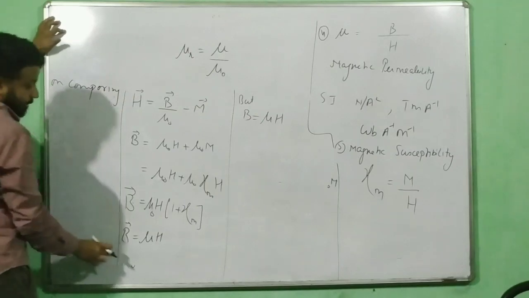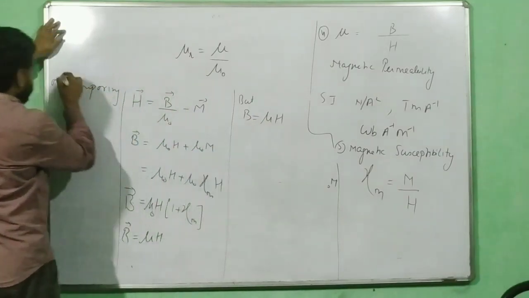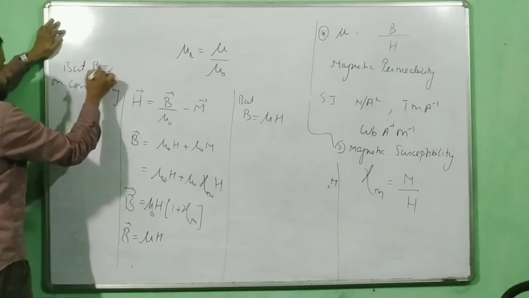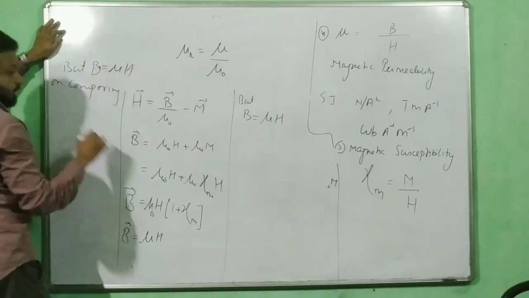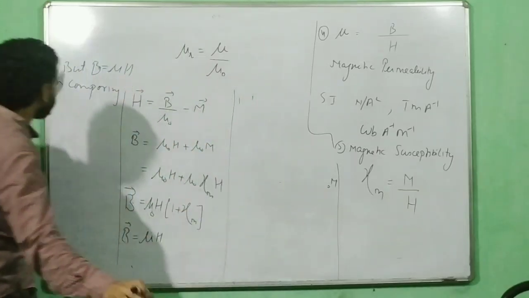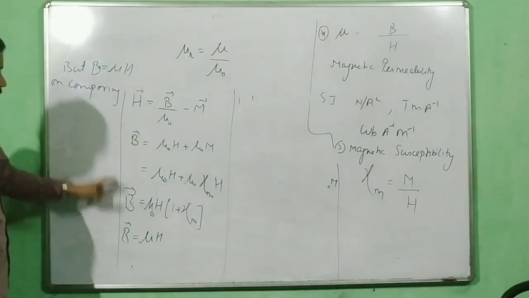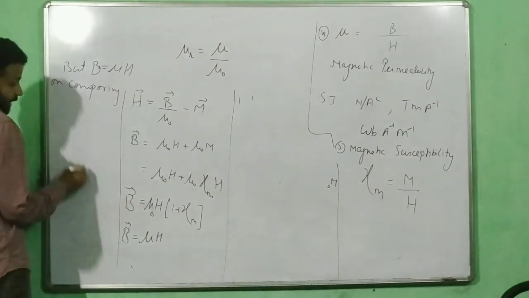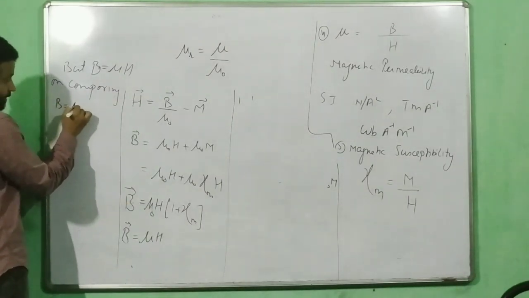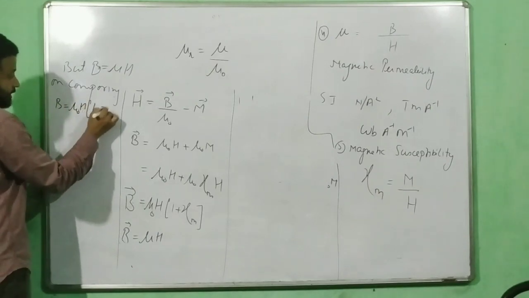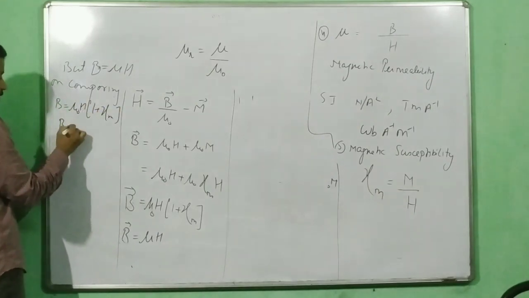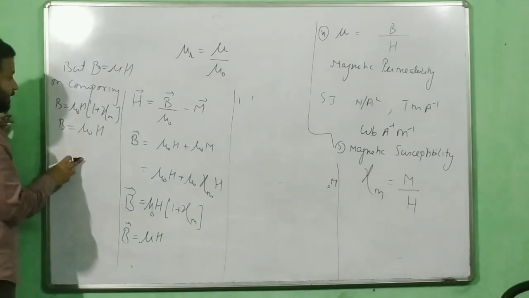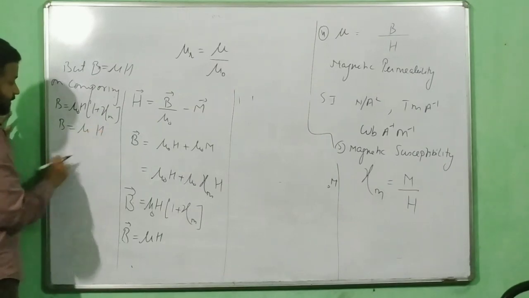So remember from here I went to here. B equals mu times H, and now you write on comparing B equal to mu H and B equal to mu naught H 1 plus xi m, what will I get?